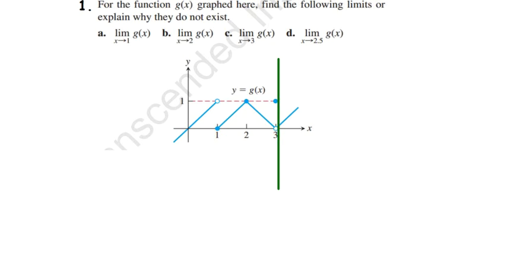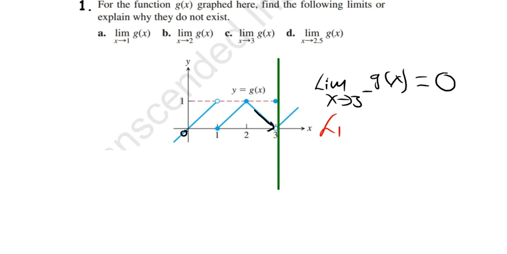about this point, let's try to approach it from the negative side. So from the negative side, we are approaching this point, y is equal to 0. So as x approaches 3 from the negative side of g of x, it's giving us 0.